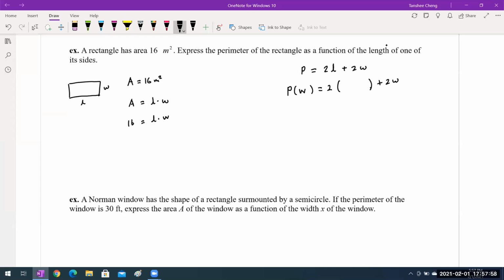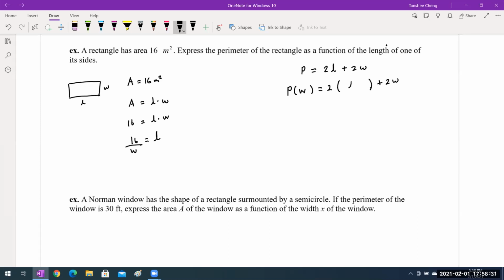And that can sometimes be done by using the information that we have directly. In many occasions, we can use it directly from the information that we have, and sometimes we need to tweak it a little bit. So in this case, we know the area of the rectangle. Therefore, I can rewrite the length in terms of the width by dividing both sides by the width. So now I see that the length is 16 divided by the width.